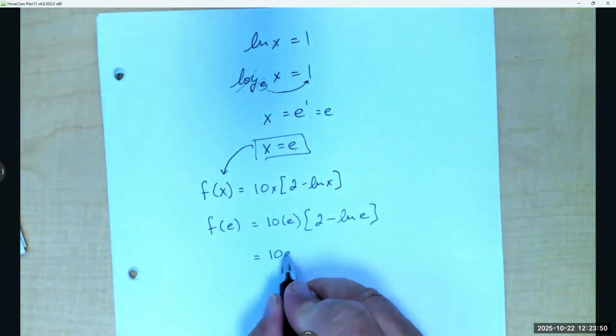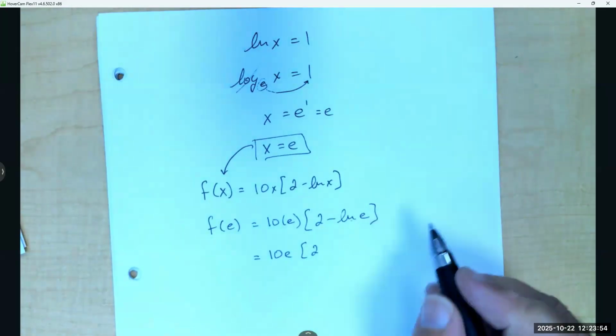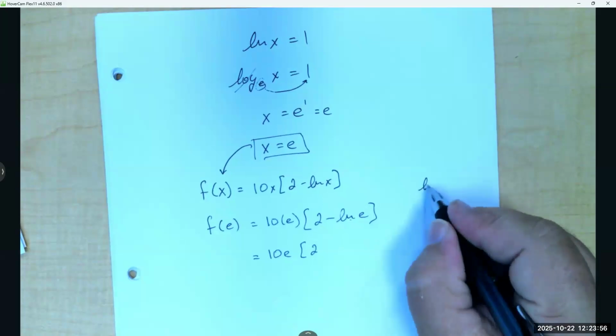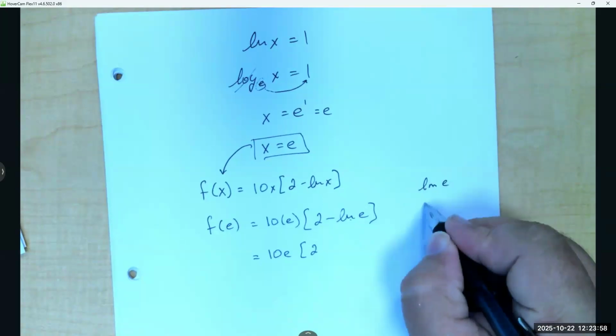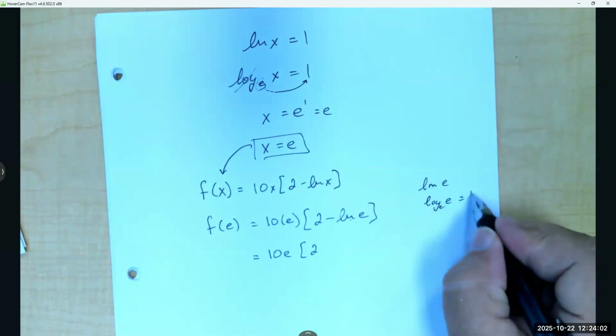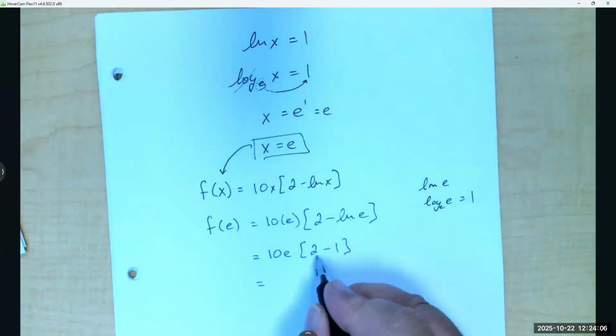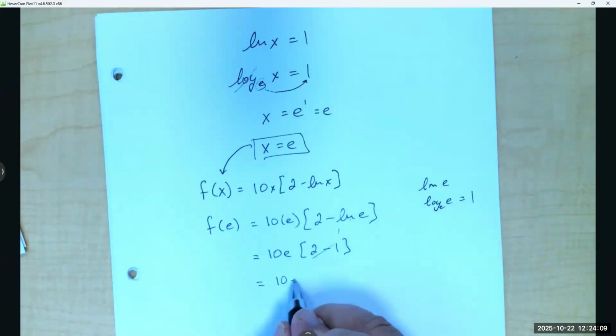So it's 10e. What's ln e? We just talked about that. ln is log base e of e, so that equals 1. 2 minus 1 is 1, so it's simply 10e.